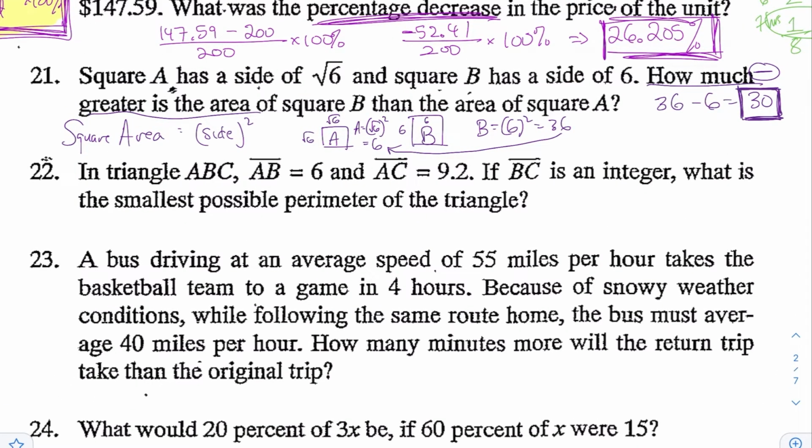Next for number 22, in a triangle ABC, AB is 6, AC is 9.2, and BC is an integer. What's the smallest possible perimeter of the triangle? So this is a triangle inequality question. So we have the three sides of the triangle, ABC. If you add up the two sides, it has to be greater than the third side.